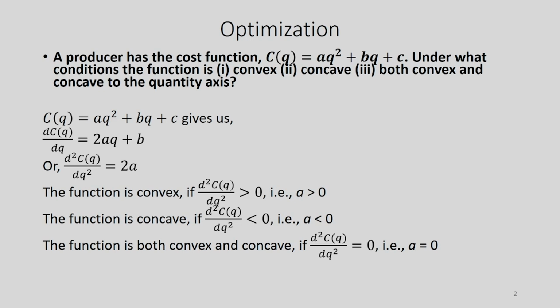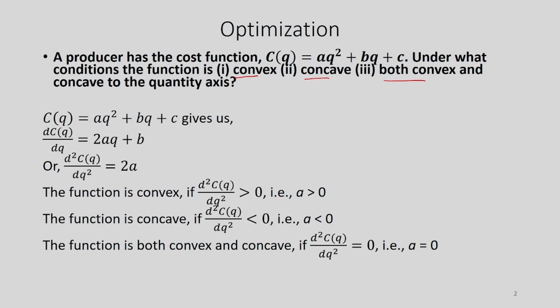A producer has a cost function C of Q equals aQ square plus bQ plus c. a, b and c are small letters. Under what conditions is the function convex? This is the first part. The second part, the function is concave, and the third part, both convex and concave to the quantity axis.